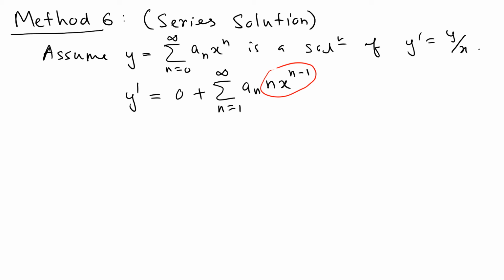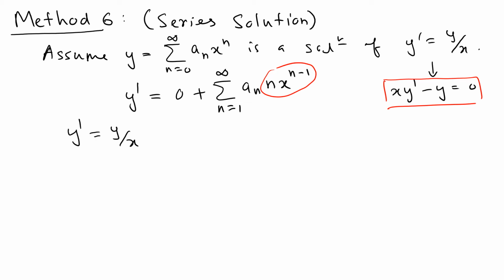Now we can substitute this in the equation, but we can write the equation as x y prime minus y equals 0. So we're going to substitute in this form. Again, y prime equals yx, so we can write this as x y prime minus y equals 0.